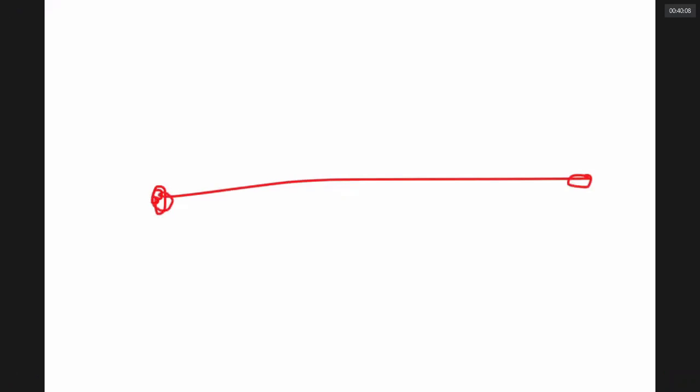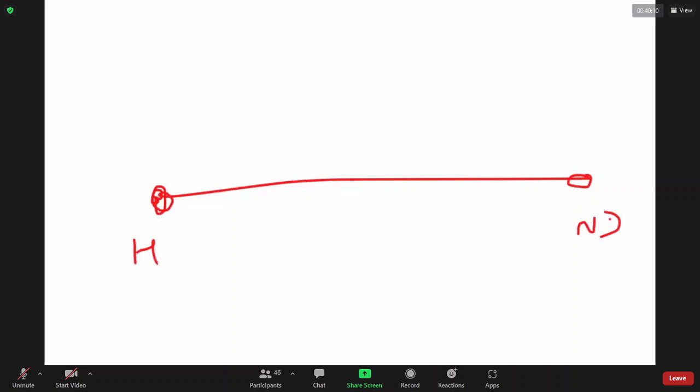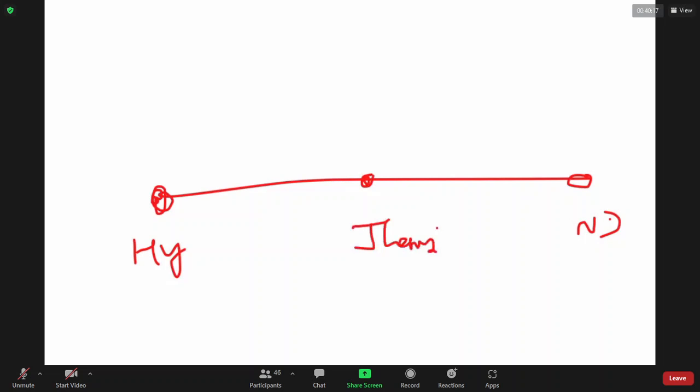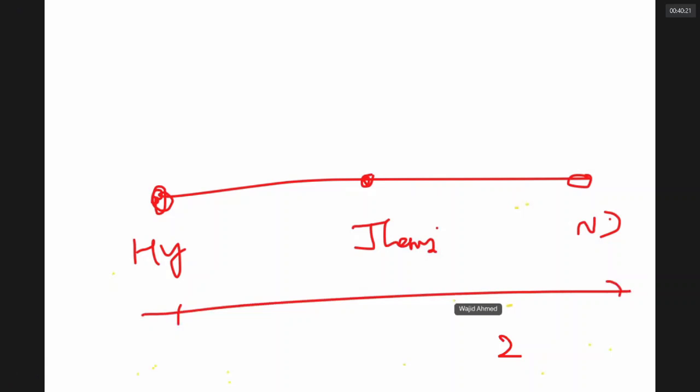Another example: you are going in a train from Hyderabad to New Delhi. In the middle, you get a station called Jhansi. Now, if you directly buy one ticket to New Delhi, it costs you about 2,500.